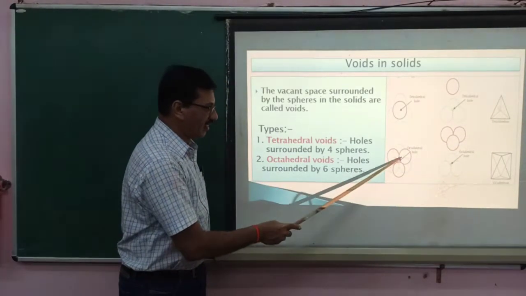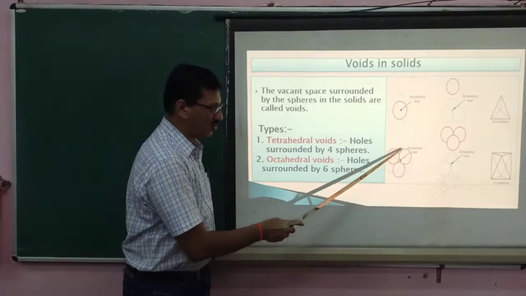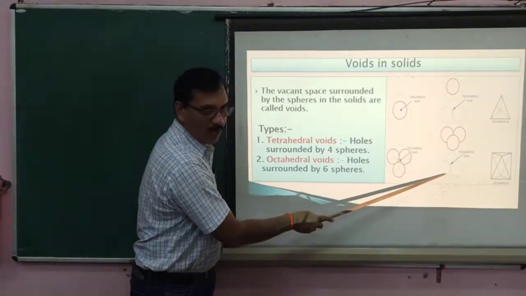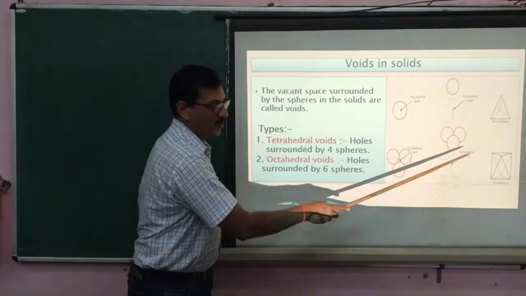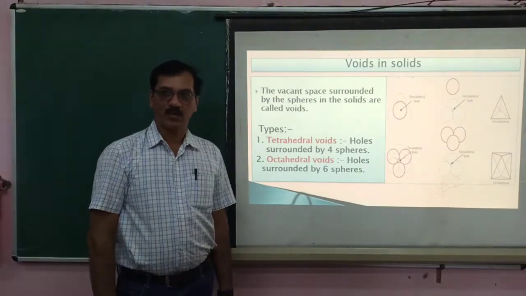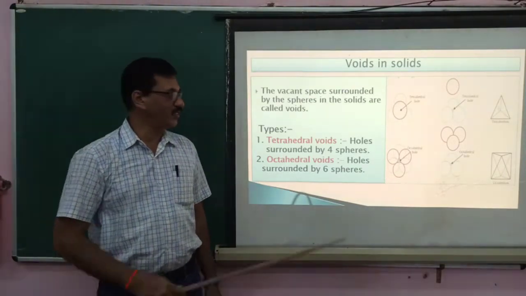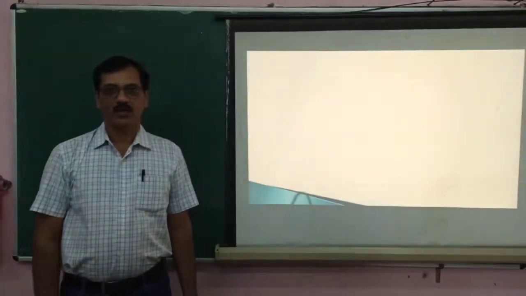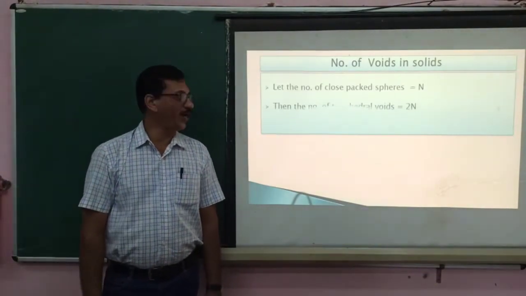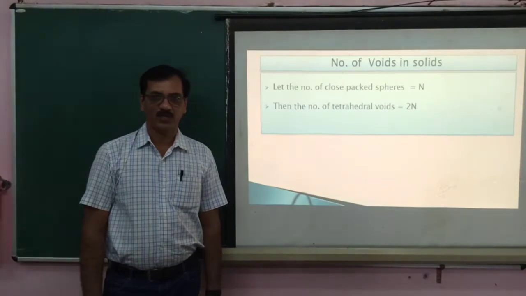And if the 3 in one layer are closed by the 3 above, placed in a different way, this will give an octahedral void. So these structures are named based on their geometry. Now, coming to how many voids there will be in the arrangement.